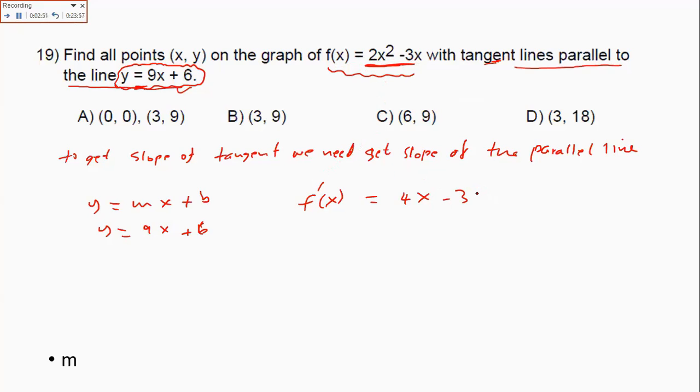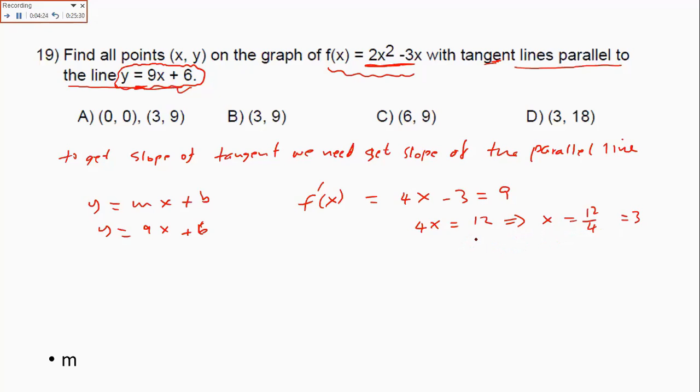But this must be equal to 9, correct? If this is equal to 9, that means 4x is equal to 12, which implies x equal to 12 over 4, which is going to be equal to 3, right? So now we have x equal to 3.